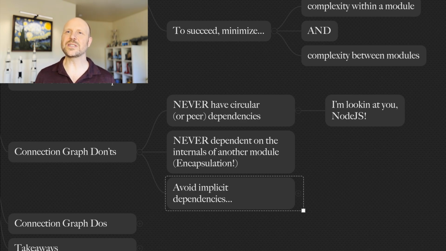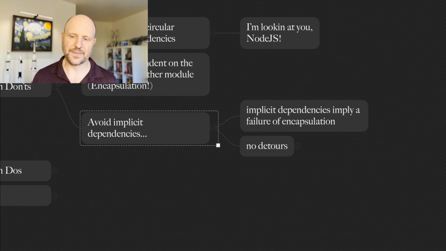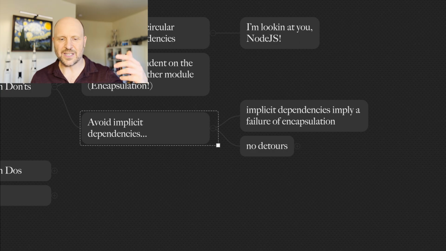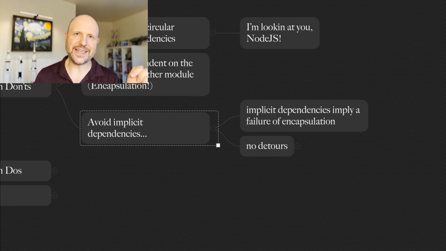And last, and this one's a little more subtle, avoid implicit dependencies. Now, what do I mean by implicit dependencies? An implicit dependency is when a module A imports, say, an email module that sends emails, doesn't do anything with it really, and just immediately passes it on to another module B, and module B is the one that actually sends the emails.